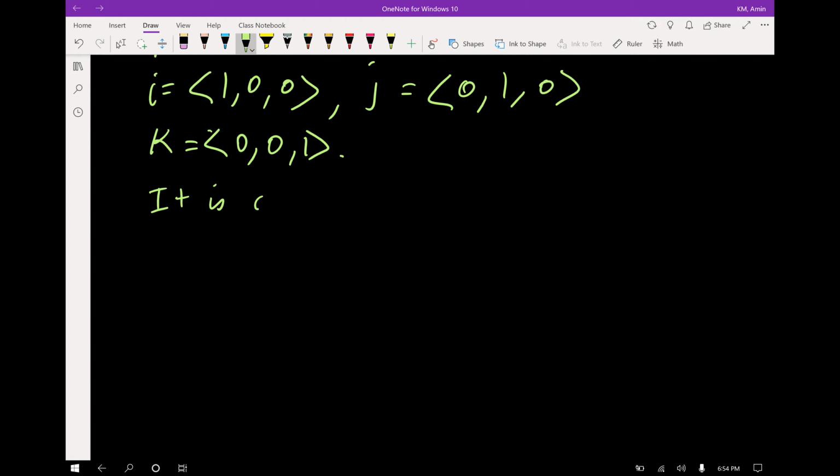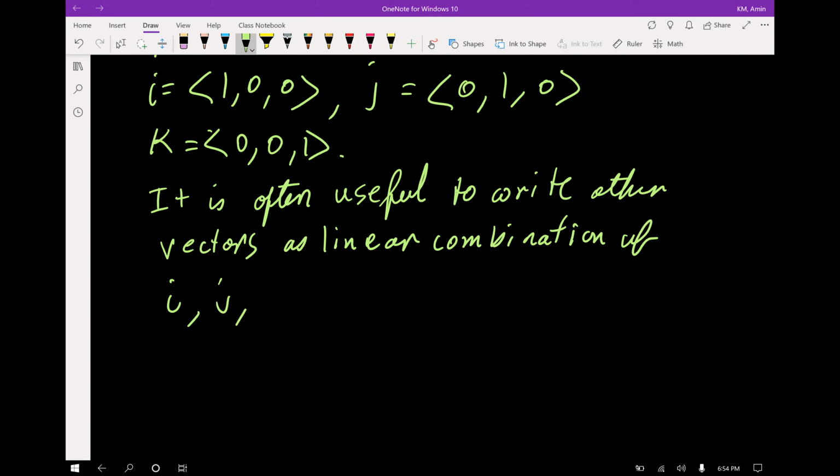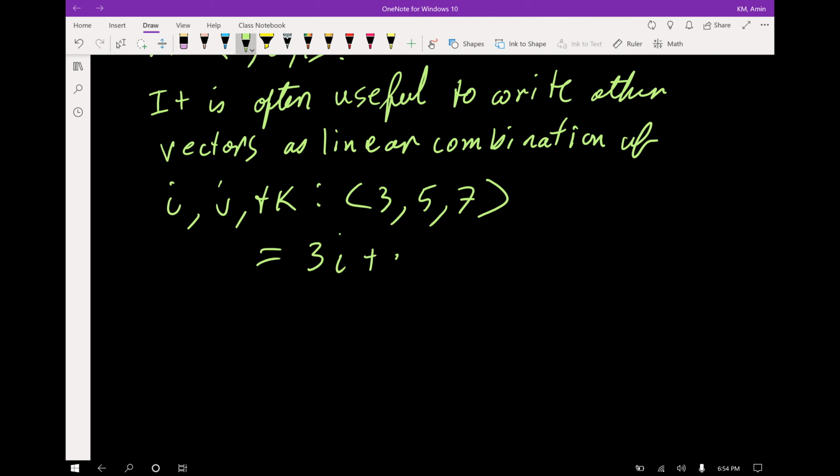It is often useful to write other vectors as linear combinations of i, j, and k: 3, 5, 7. Do you guys see what this kind of looks like now? What did I say a little bit earlier? Complex numbers.